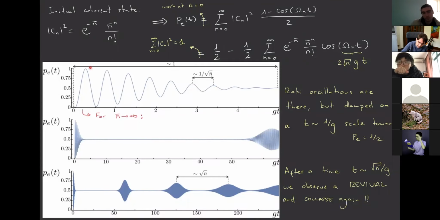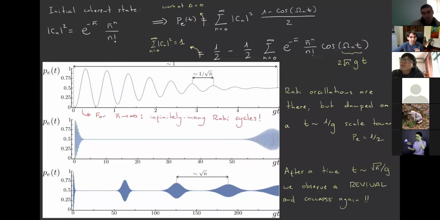Then in the time scale of the decay, which is of order 1 over g, we see infinitely many oscillations. So let me write it. For n equal infinity, we get infinitely many Rabi cycles.